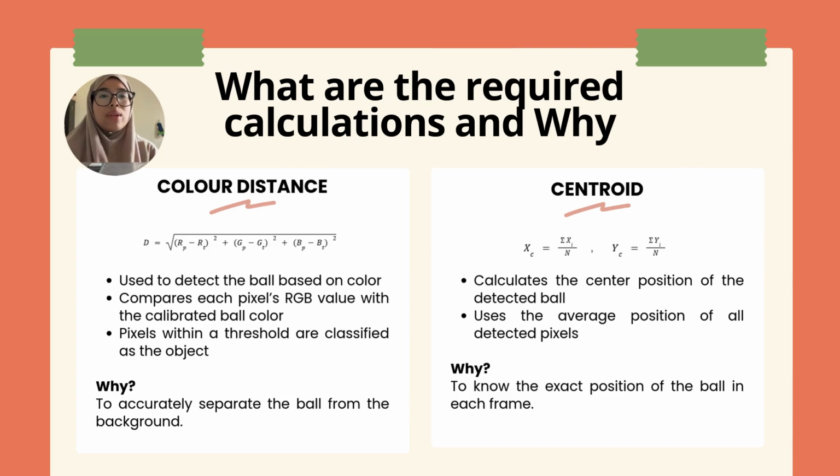Next, we calculate the centroid, which represents the center position of the detected ball. This is done by averaging the coordinates of all detected pixels. As you can see, that's the formula that we used. The centroid gives us a stable and precise position of the ball in each frame and is essential for tracking the ball's movement.